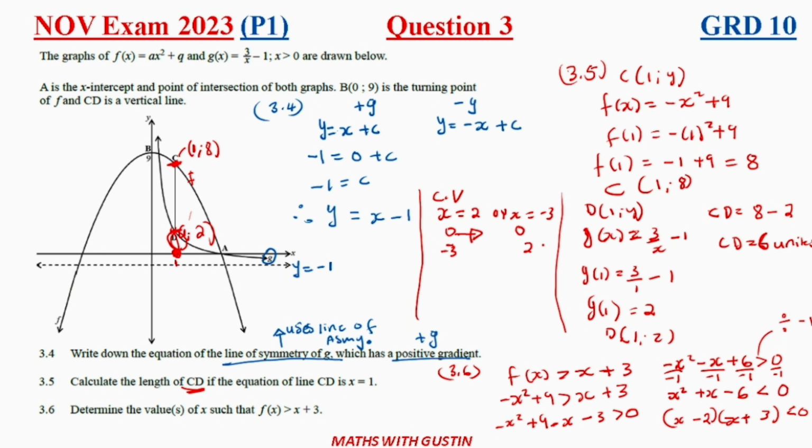If you were to substitute a number that is greater than 2, you will find that you get a number that is negative, so your values will be less. So therefore our x values are going to be: x is greater than negative 3, or x is less than 2. And that's how you would deal with a question like this one, guys.